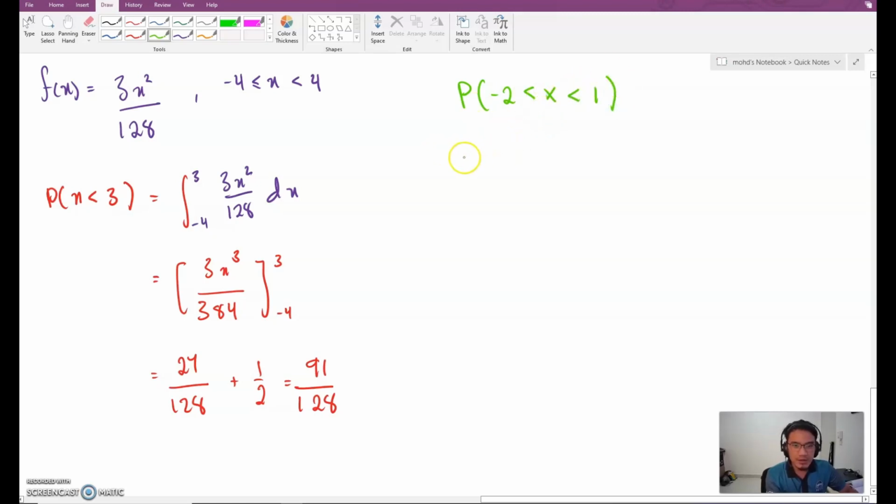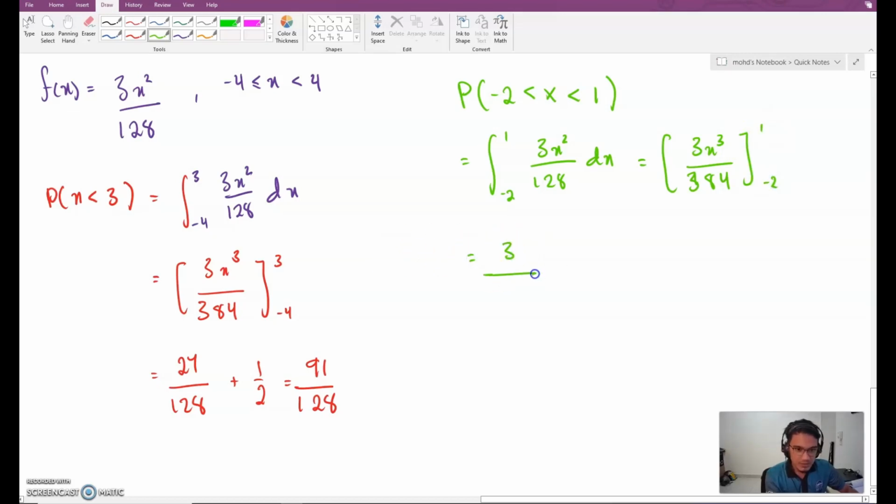For this one we just give the boundary as 1 and negative 2. Then the function 3x squared over 128 dx, there is 3x cubed over 384, from negative 2 to 1. Then we substitute.